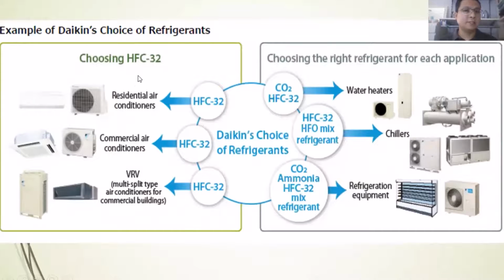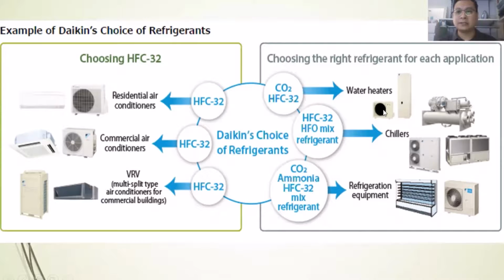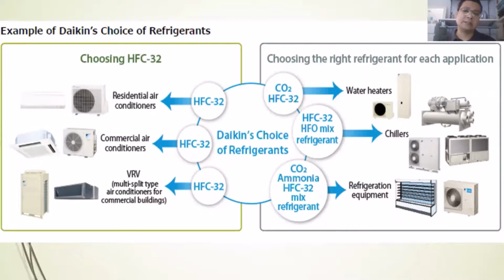Okay, an example of application based on the type of refrigeration. You can see here, for example, carbon dioxide and the hydrogen, fluorine, carbon types. You can see the application with a certain compressor, and also this one is the type of condenser.